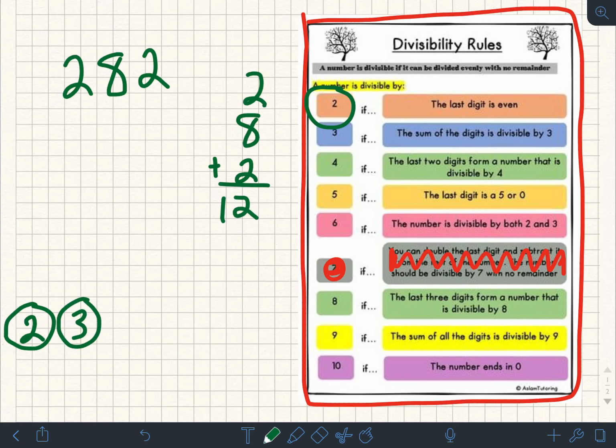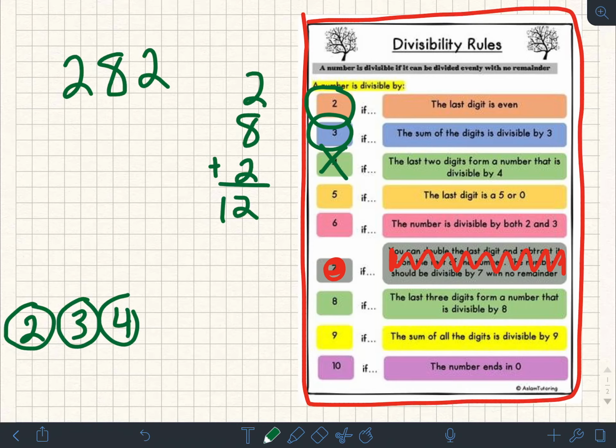Okay, we'll do the test for 4. The last 2 digits form a number that is divisible by 4. Well, I have 82. I know that 80 would be divisible by 4, but 82 would not go in there, so 4 is not divisible.